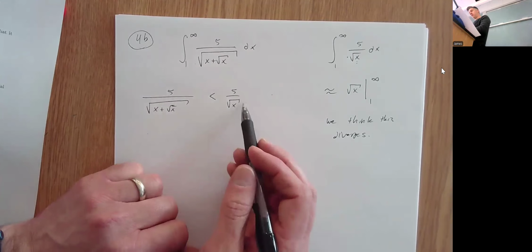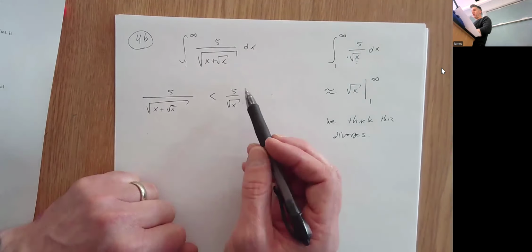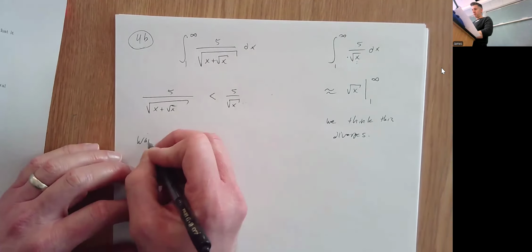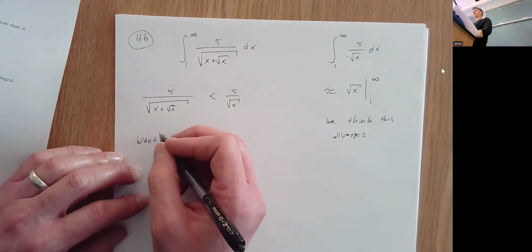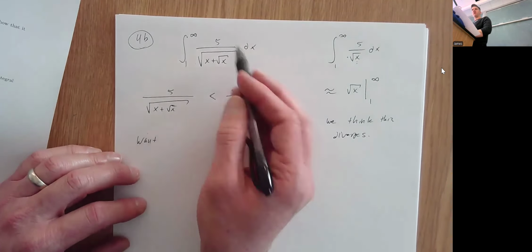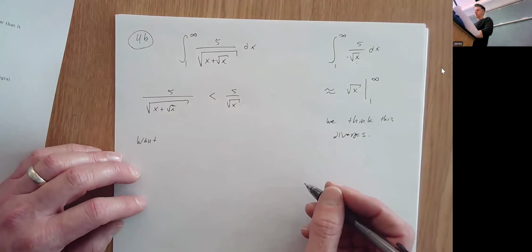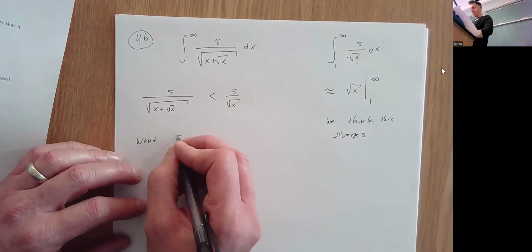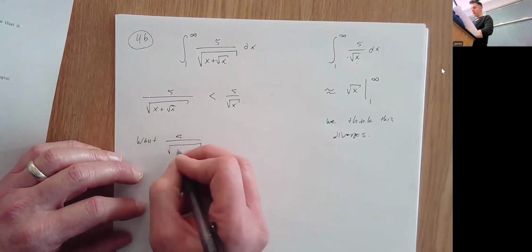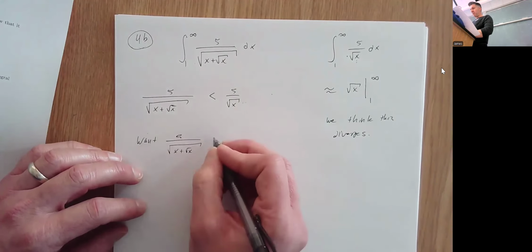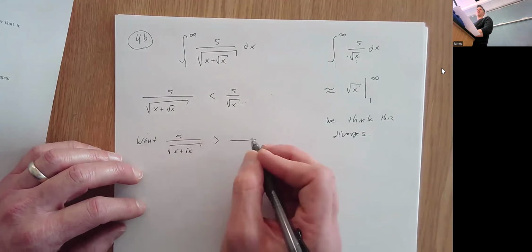Right? That's wrong. I want something. So what I want, because I'm pretty confident this is going to diverge, is something kind of like that. I really want 5 over the square root of x plus the square root of x to be bigger than something that I think is going to diverge.